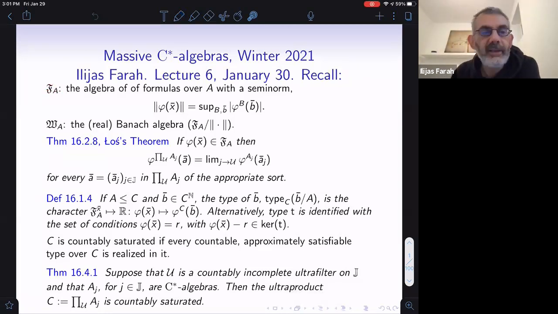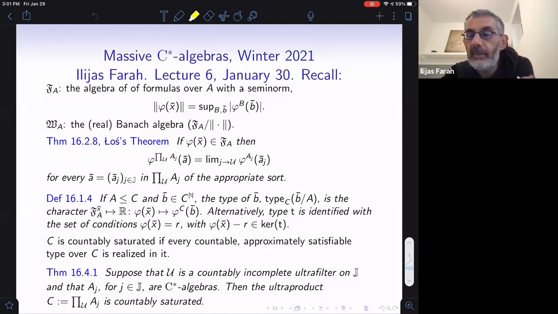Last time we defined this algebra F sub A, the algebra of formulas over A. I'm not going to repeat the definition, assuming that you remember it. Quickly, atomic formulas are just norms of star polynomials. From those atomic formulas, we form more formulas by applying continuous real functions, and also applying quantifiers sup and inf.